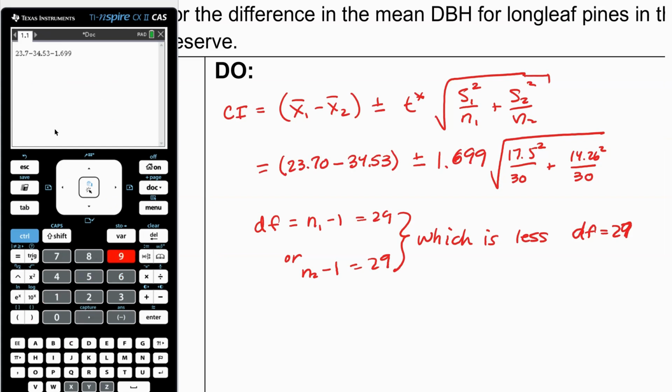1.699 times, and then I want the square root. That's the square. Back that up. I want the square root, control square root, control division to get a fraction, and that's 17.5 squared divided by 30.